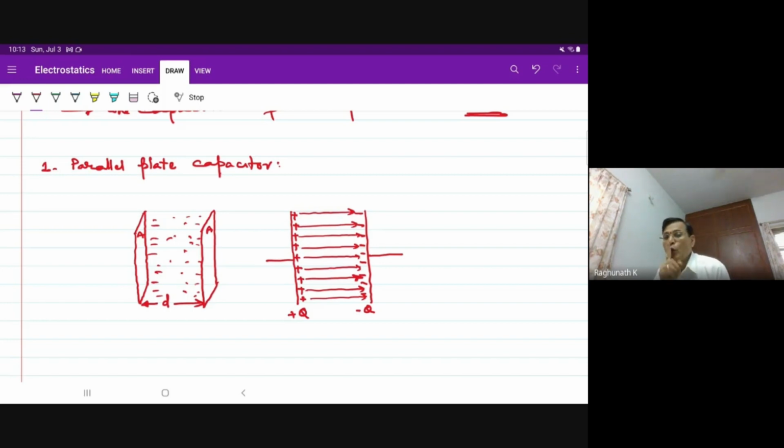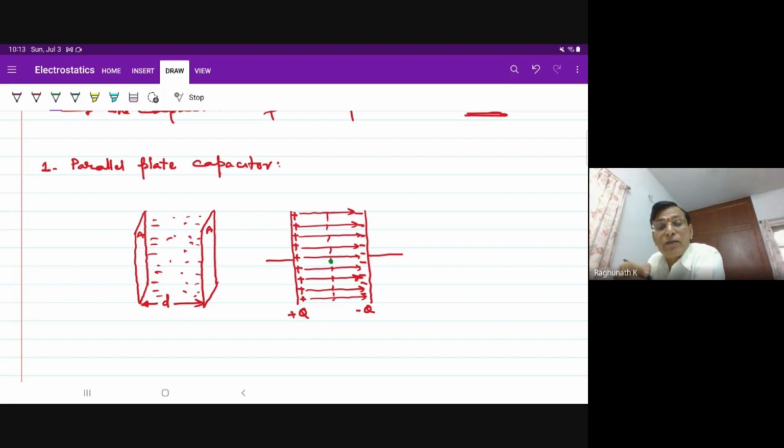With a charge of Q coulombs on each plate, the field line structure, or flux structure, says that the field in between the plates of the capacitor within the dielectric is uniform. If you want the field intensity at any point, let us say this is the point, I need to draw a surface passing through this point and perpendicular to the flux lines.